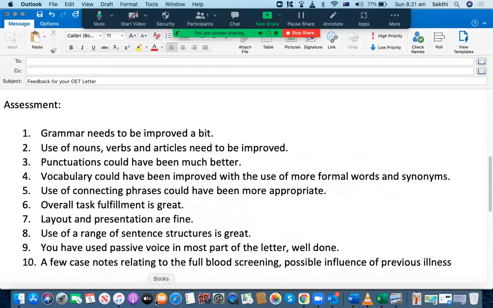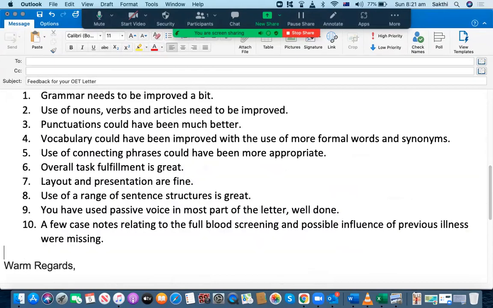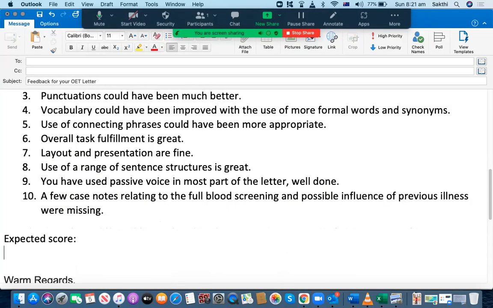So they mentioned the full blood screening and possible influence of previous illness were missing. So you could have done a better job. Okay, all right, let's go through the expected score now. Only those two case notes are missing.